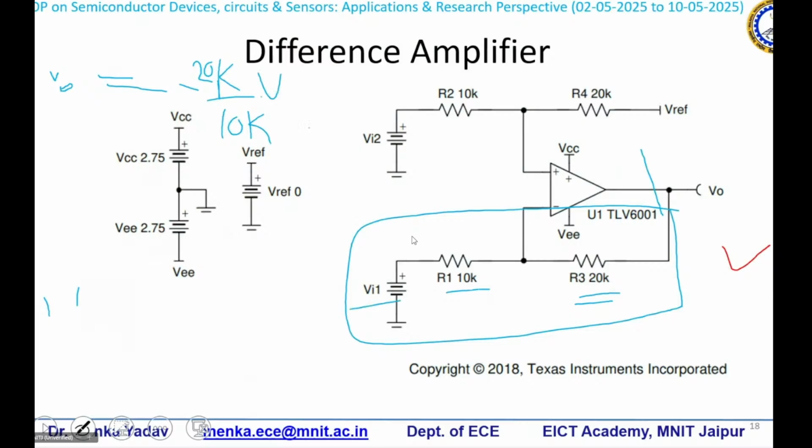That is the component because of Vi1, which we are applying at the inverting node. So this becomes minus 2. Vo is equal to minus 2 of Vi1.